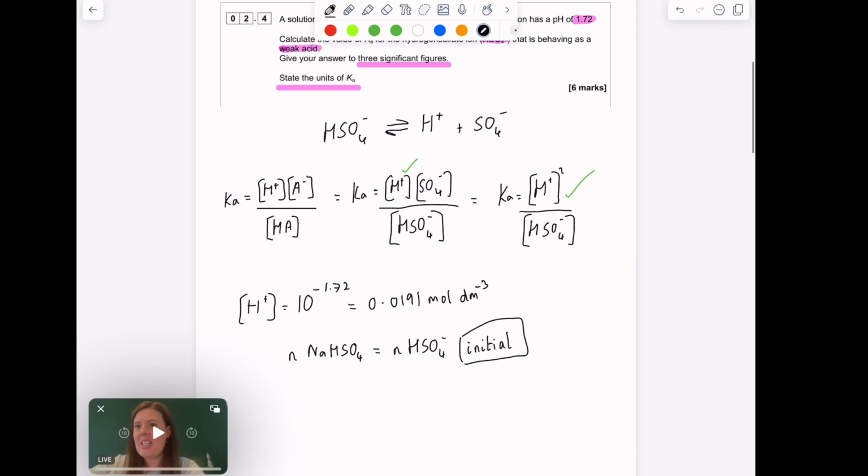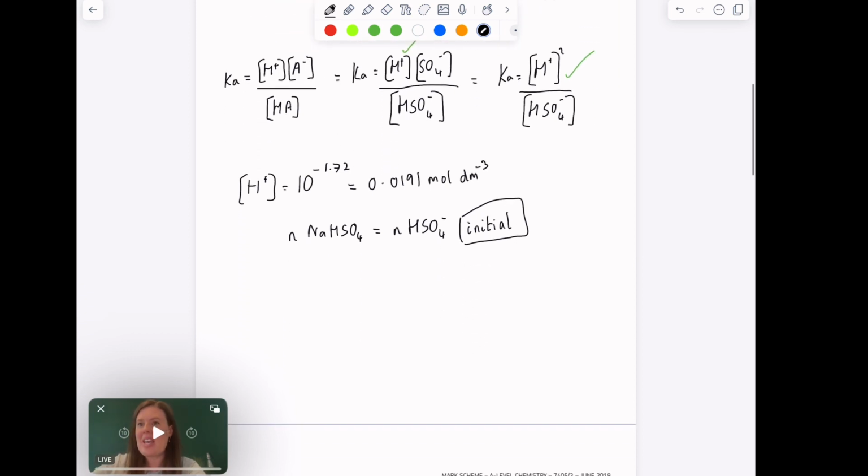Okay, so initially we've been given the milligrams, so let's convert those milligrams into grams. I'm going to divide that by 1,000 to get my answer in grams, and then I'm going to be doing my mass in grams over my Mr in order to get the moles of my sodium hydrogen sulfate, which will give us in turn the same moles of hydrogen sulfate ion.